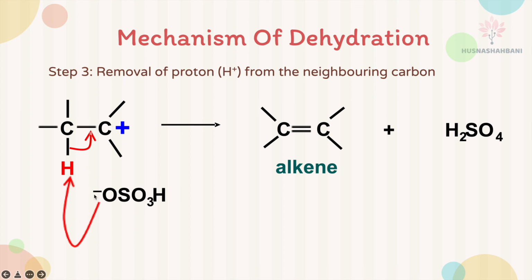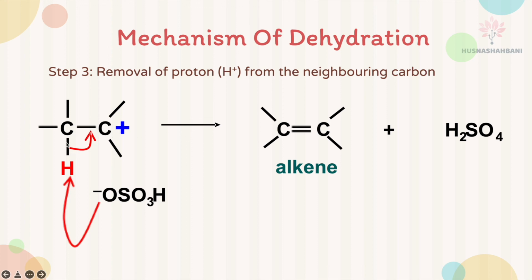So HSO4 minus attacks, becoming H2SO4. The lone pair of electrons in oxygen is used to form a bond with the hydrogen. Then the 2 bonding electrons are used to form a double bond between these 2 carbons, because this carbon is positively charged, so it prefers electrons to make it stable.